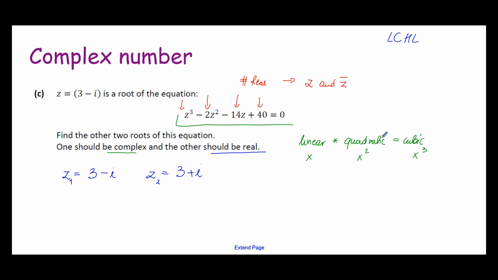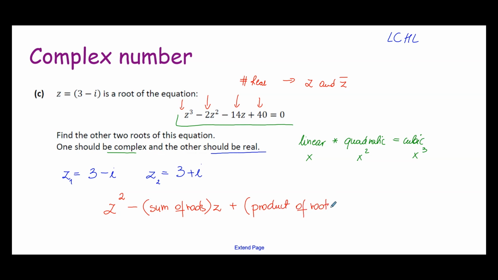When it comes to that quadratic one, we have this additional knowledge that the coefficients are real, which says z to the power of 2 minus the sum of roots z plus the product of roots.